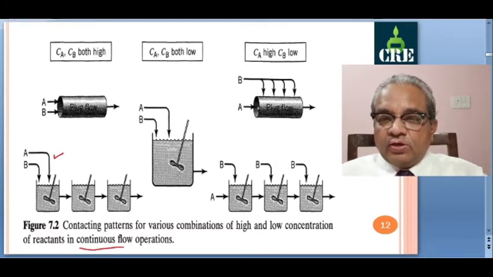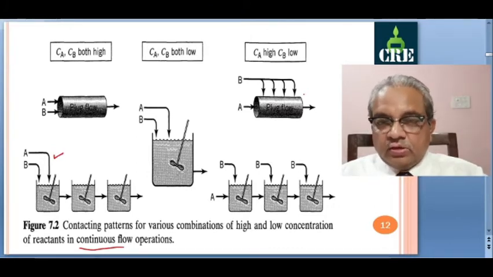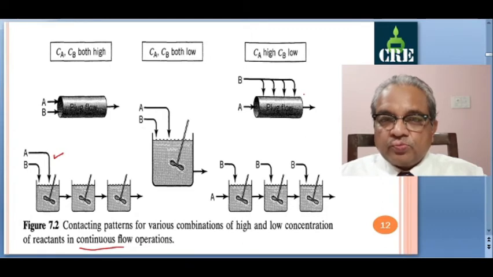If you use plug flow here, again A as a continuous stream and B is distributed, and there are multiple side entries along the length of the plug flow reactor. So we'll study problems also based on this. So the concepts will be more clear to you.